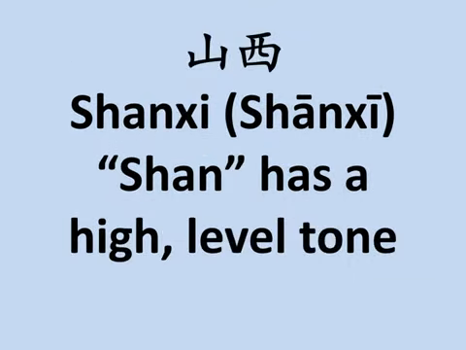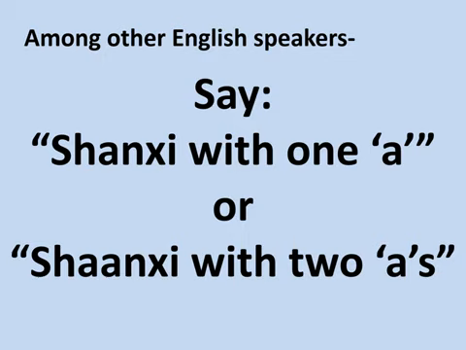Unless someday you choose to learn to speak Chinese, the difference in these sounds is a challenge. The majority of English speakers have difficulty hearing the difference, and it takes a lot of practice to reproduce the sounds. At least among other English speakers, you may be safer to just differentiate by saying 山西 with 1 A or 山西 with 2 A's.